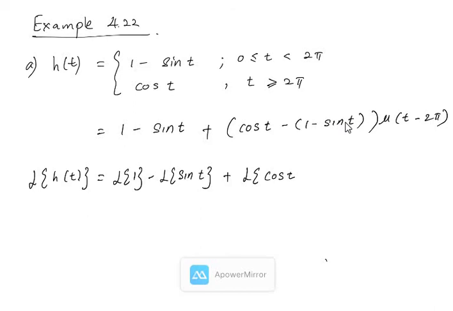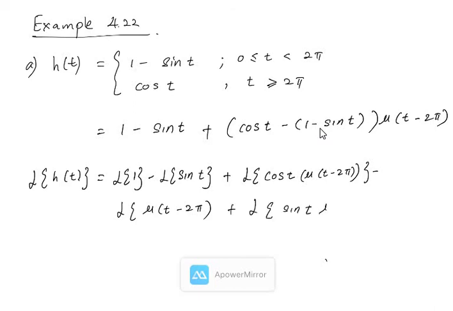So Laplace transform of the cos t unit step t minus 2 pi. And then minus Laplace transform of unit step t minus 2 pi. That is referred to this one, minus 1. And then last one is the plus sign. Okay, plus with Laplace transform of the sine t unit step t minus 2 pi.